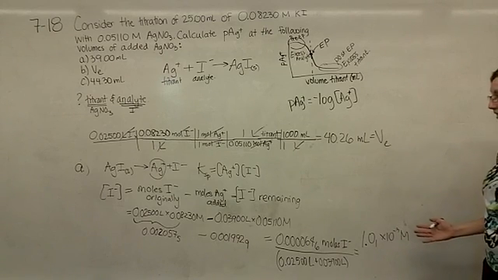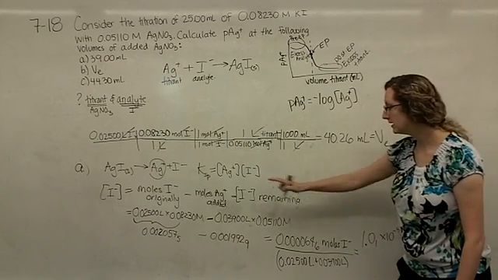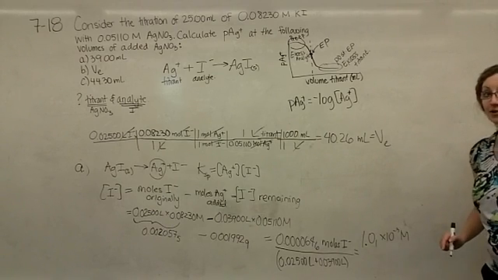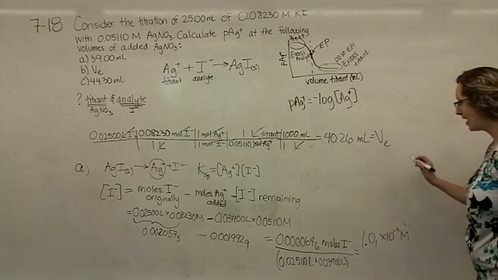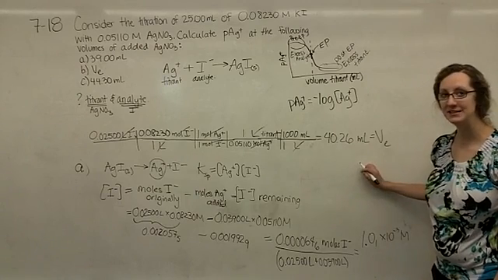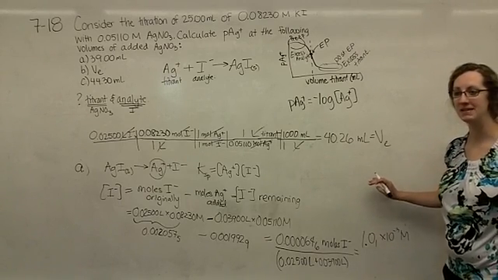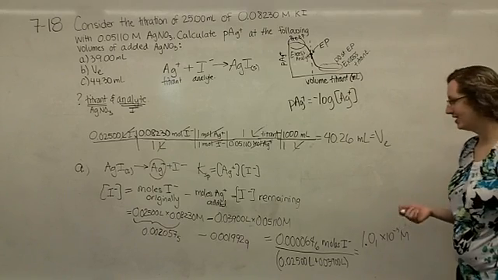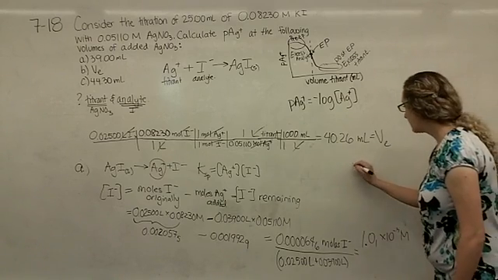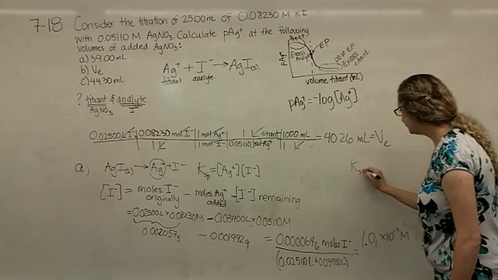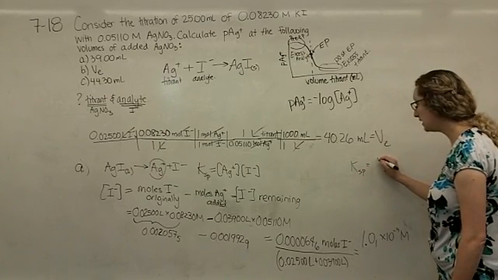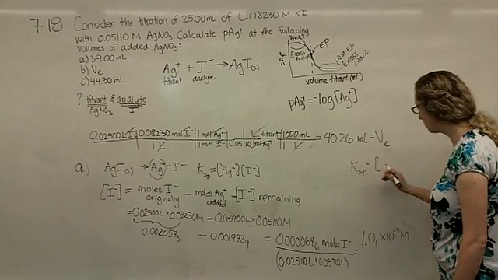Okay, well we have the iodide concentration. Now let's plug this in back over here, and I'm running out of board space, but I will complete this part of the problem, and you'll see in the next video we'll do B and C. So here we have our KSP equals our Ag+, so that's what we're looking for.